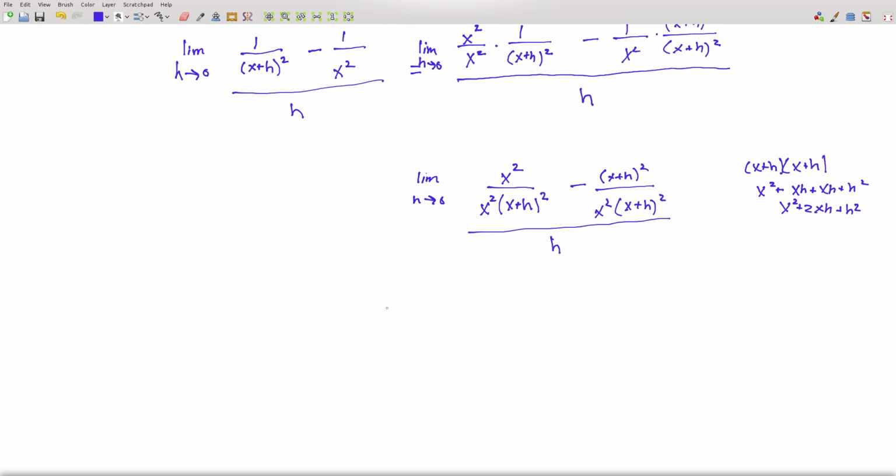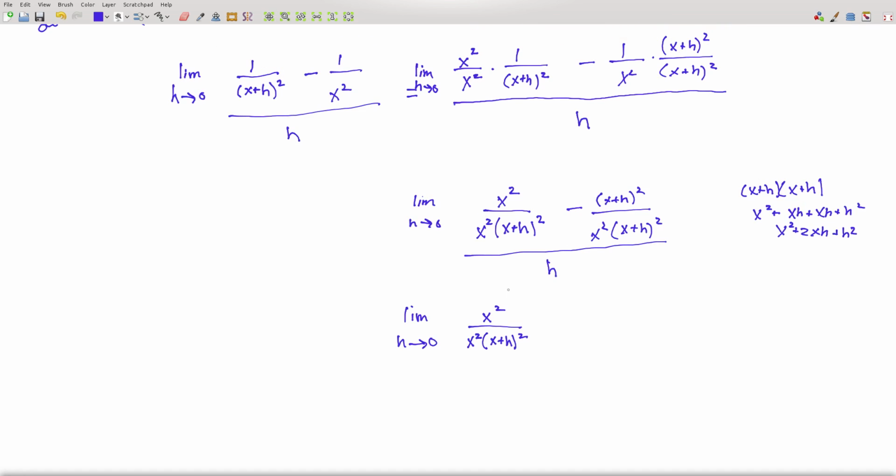Got to be careful about the signs though. So this is the limit as h goes to 0 of x squared over x squared times the quantity x plus h squared. These are the common denominators now, so it's okay to go ahead and do the subtraction.